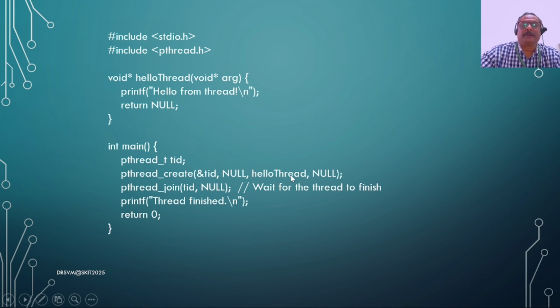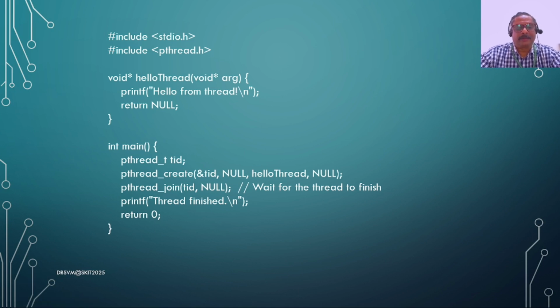Its name is hello thread, and then we wait for that thread to complete its action. The moment it is created, it starts working, and as long as it is working, the parent process will keep waiting. That's the join, and once this process is done, it prints finished and comes out.